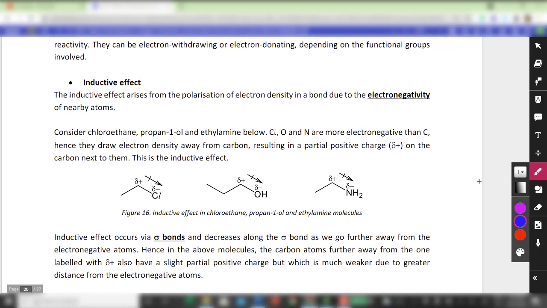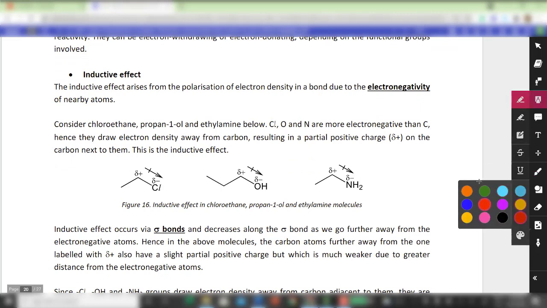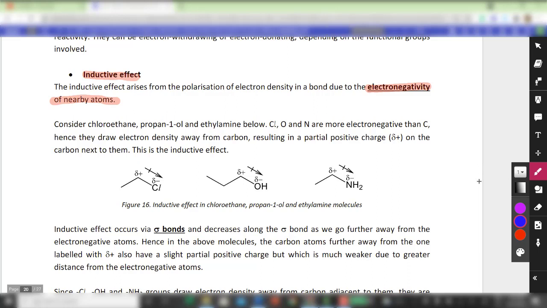Inductive effect is a term which you need to be familiar with. Usually, it arises by virtue of difference in electronegativity values, so usually it is the presence of OH or Cl or NH2.